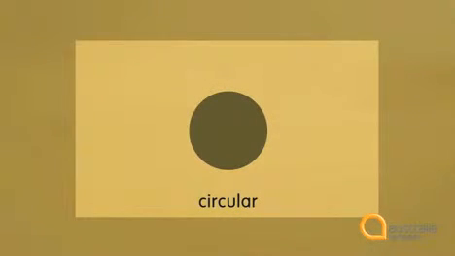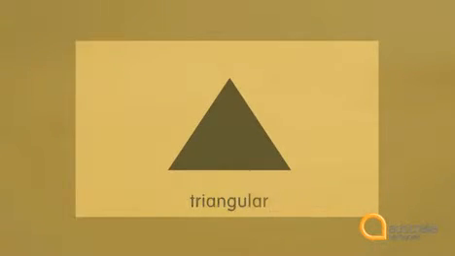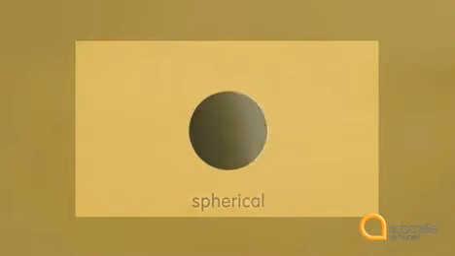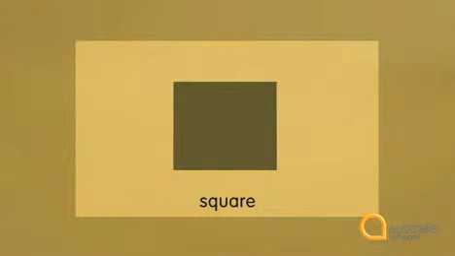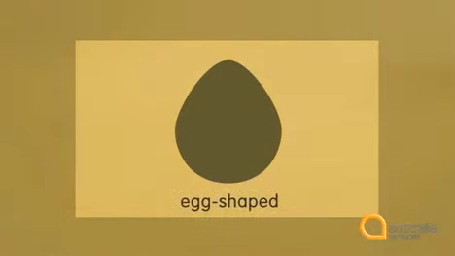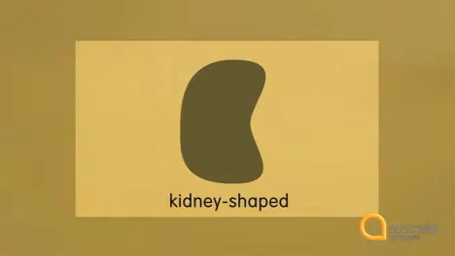To describe shapes, we can say circular, triangular, rectangular, spherical, but we just say square. It's also possible to describe something by saying it's like something common. So we can say something is egg-shaped or kidney-shaped.